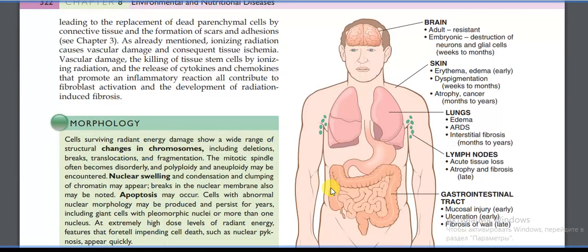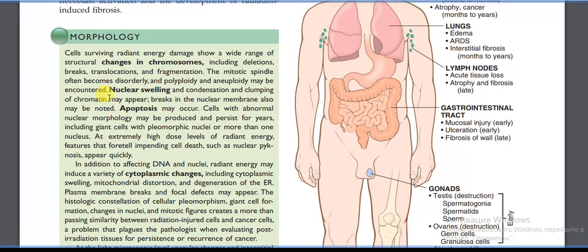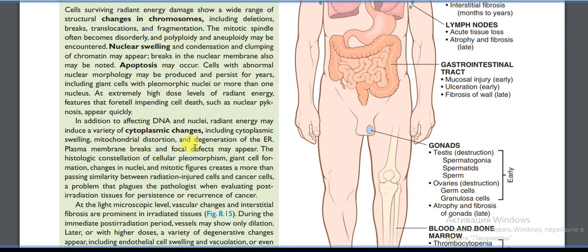So what is the morphology? Cell survival and radiant energy damage show a wide range of structural changes in chromosomes, including deletions, breaks, translocations, and fragmentation. It causes nuclear swelling, and it causes apoptosis by the mechanism we discussed before. It increases cytoplasmic changes due to protein misfolding.